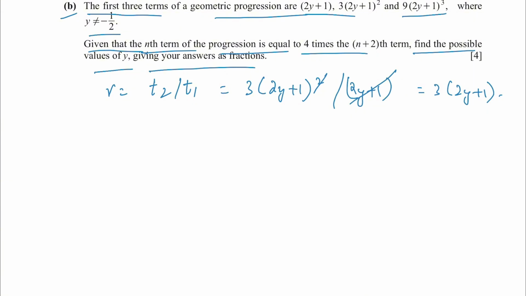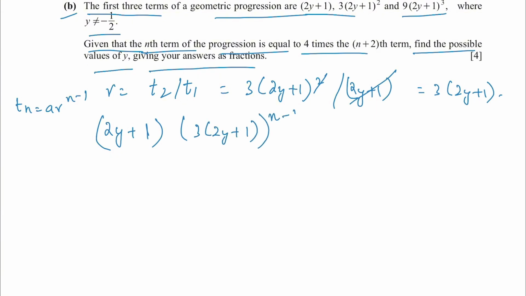So this would be the nth term. We can write our nth term as Tn equals a r to the power n minus 1. So we have our a as 2y plus 1, and we have our r as 3 into (2y plus 1), powered n minus 1.